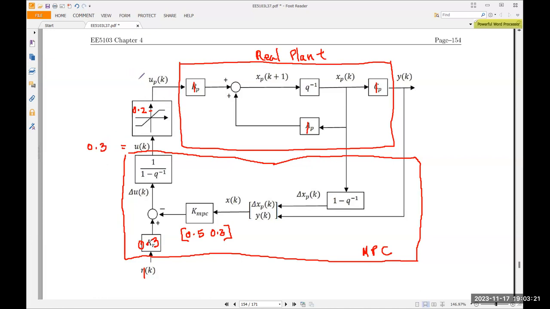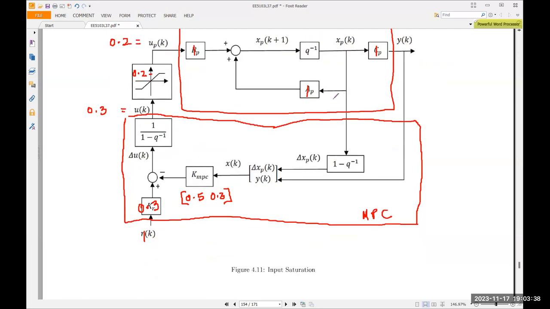So the real input to the plant is 0.2. So you use this and go through your BP, AP, CP calculation to get your Y and your next XP. Okay, we will do that.